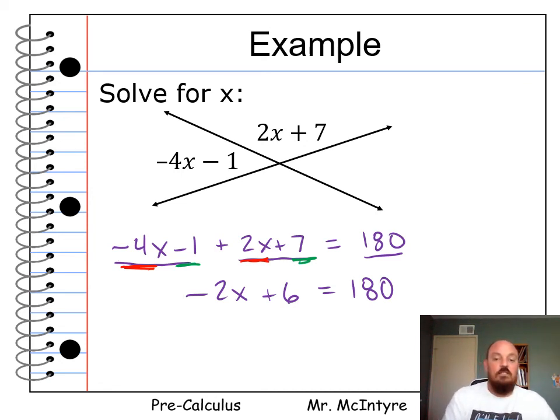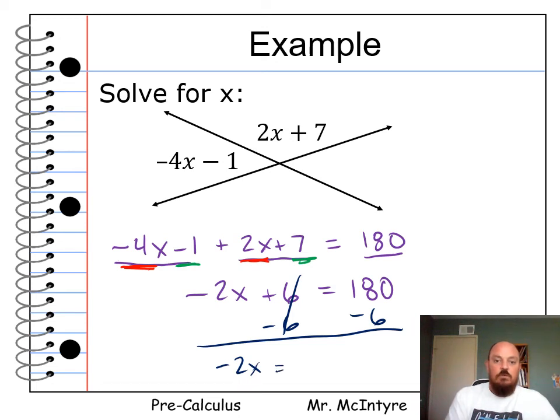All right, so back to the problem. The next thing I want to get rid of is the 6. So let's subtract 6 from both sides. And we get negative 2x equals 174. And then we'll finish this question out. I want to get rid of the negative 2 now, so I'm going to divide by negative 2.